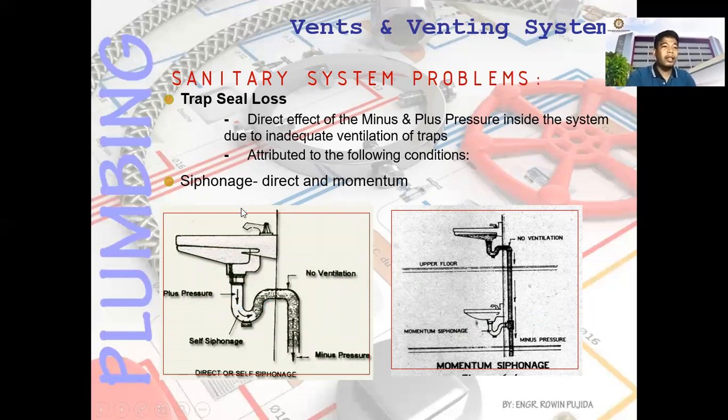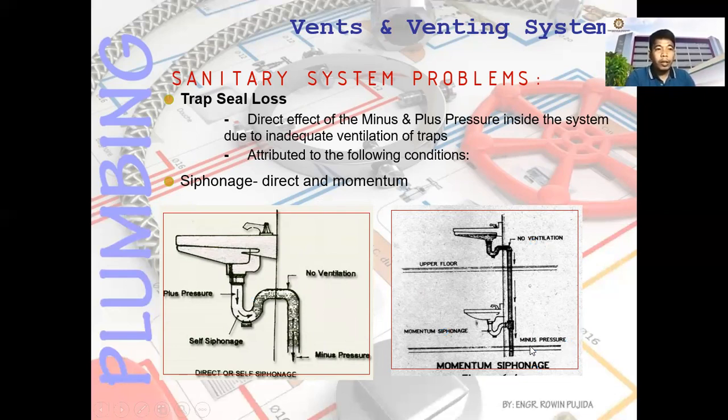Okay, and then the siphonage. Siphonage meaning the vacuum. Since your vent system is the circulation of air, if ever no ventilation, sometimes the water just flows through the pipes.